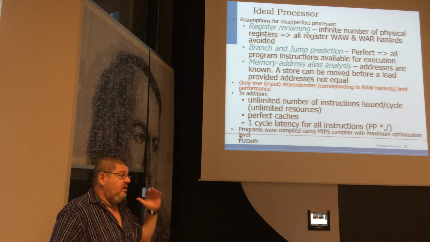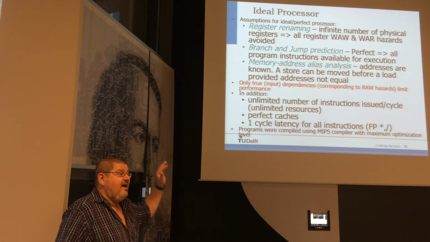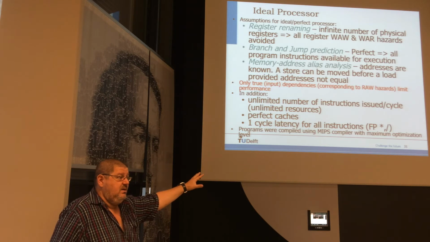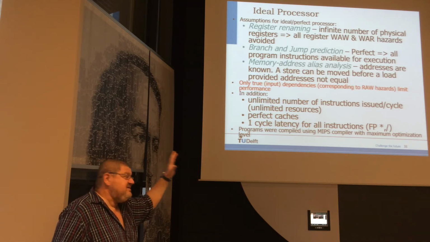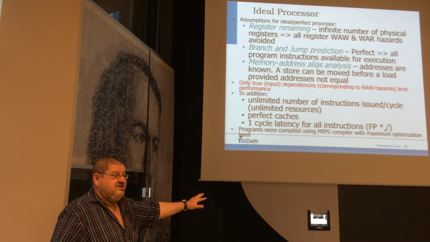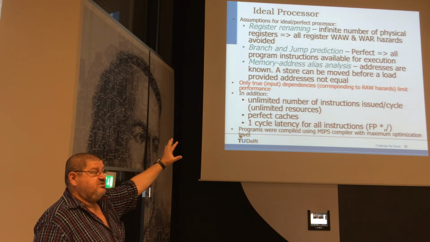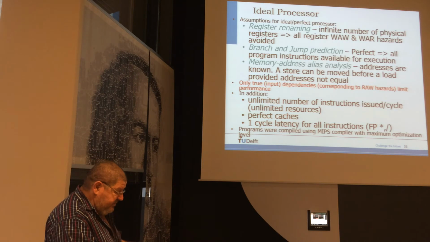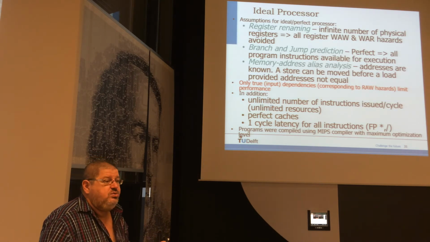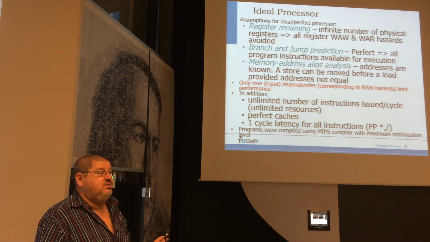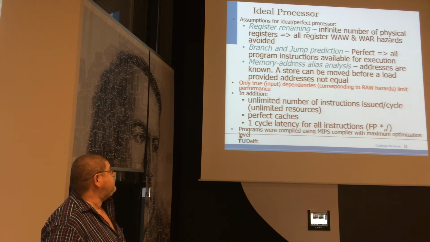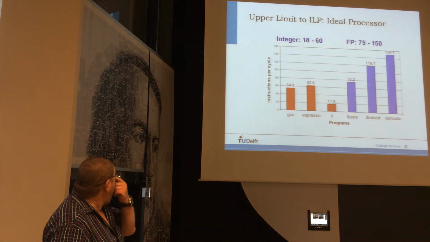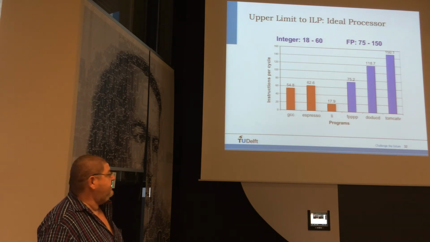Then everything will run on my processor at maximum speed, because whenever resources are needed they are there, and things are done in no time, basically, because I said one instruction per cycle. And now the question is, how good can I do with such a superscalar, multiple issue, ideal processor? And this is how good I can.